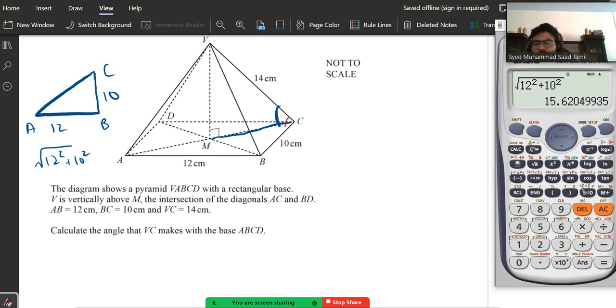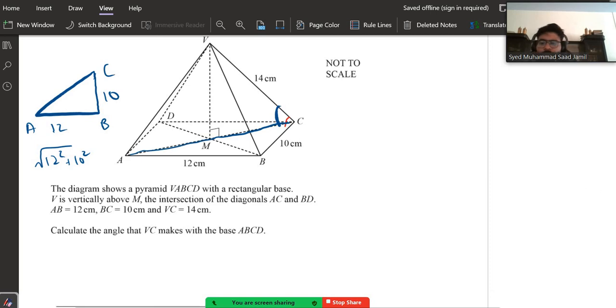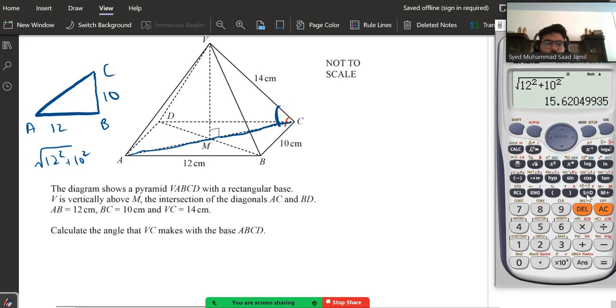So this whole length is 15.62, right? I want just half of it, so I will divide it by 2, so you get under root 61.